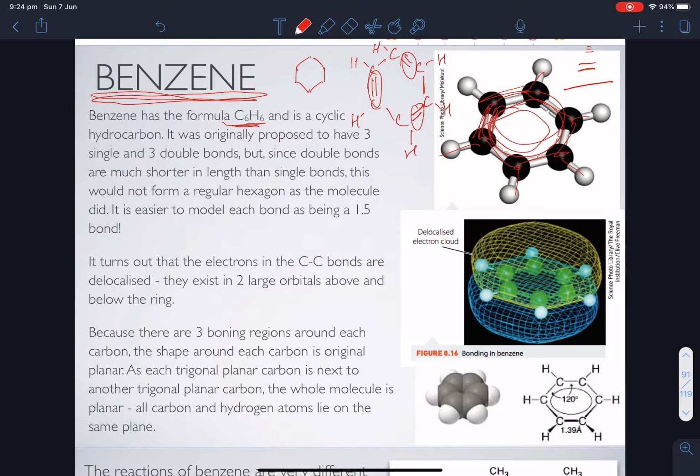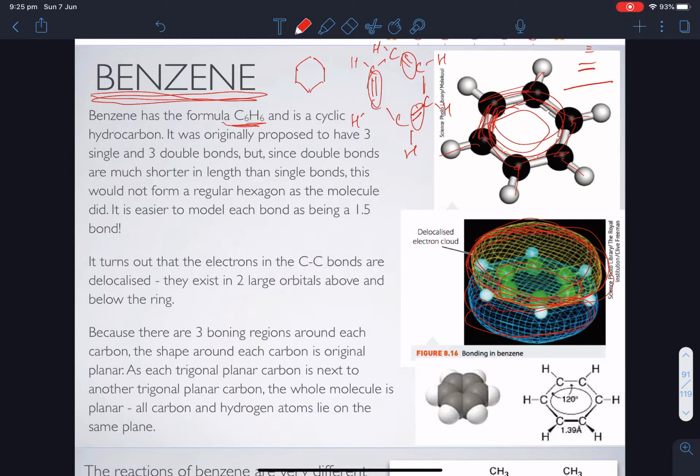So it turns out that these electrons, in the image down below, you can see that we've got these 2 wire grids here, and they're delocalized electron clouds, or the electron orbitals for this molecule are all smushed together, and there's a big pillow of them, a probability cloud above it and one below it, because it ends up being a planar molecule.